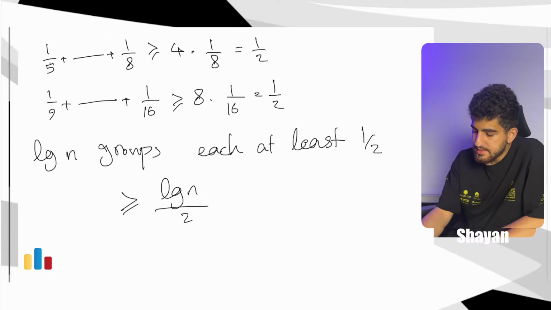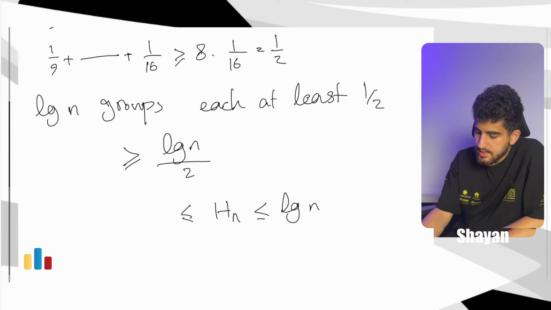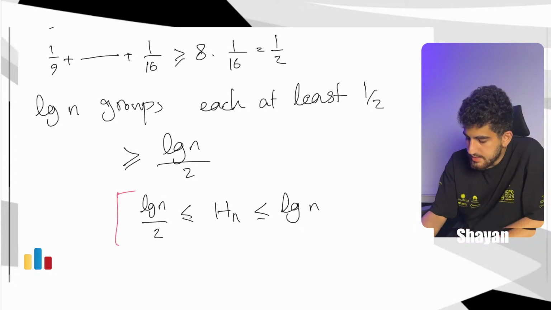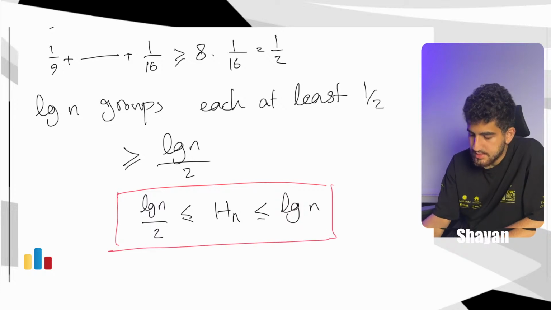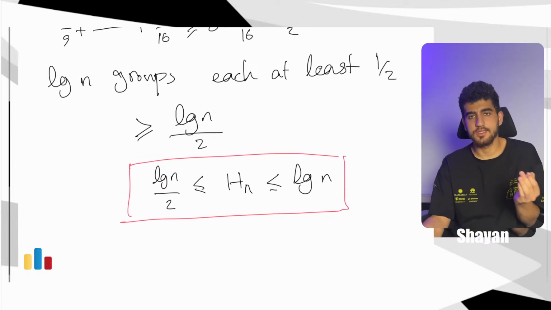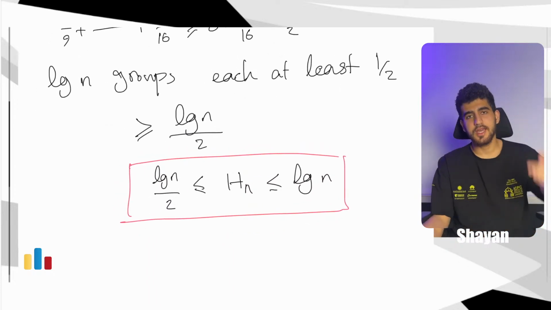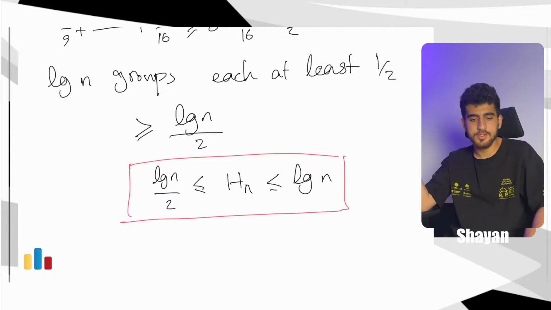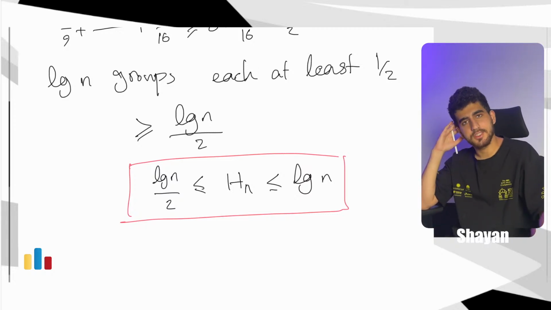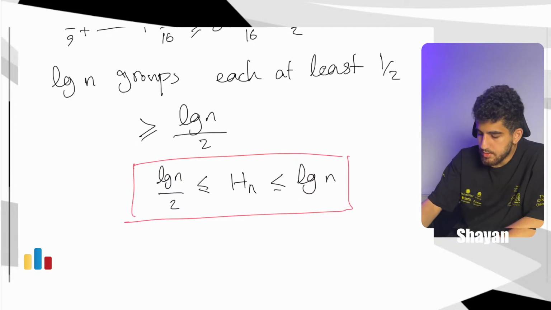So H of n is really between log n and log n over 2. This is the harmonic series. Harmonic series are very important. For example, you saw that when we want to calculate prime numbers, it really helps us.